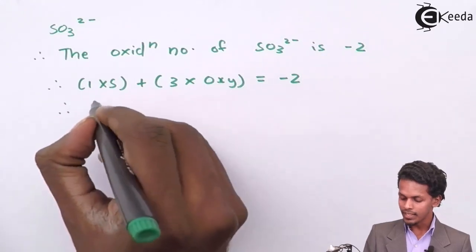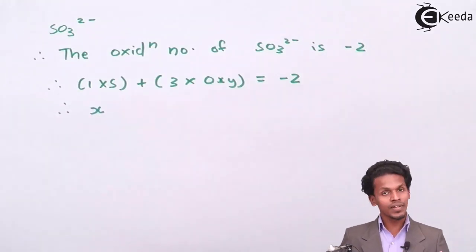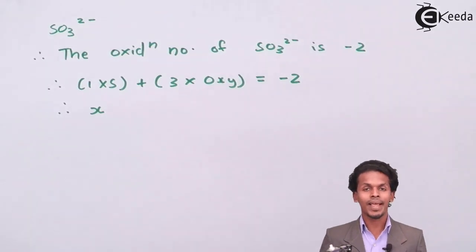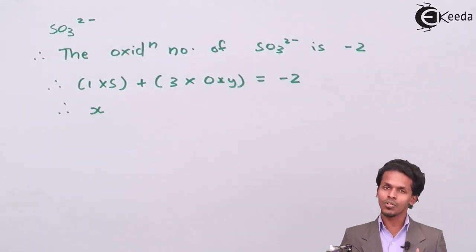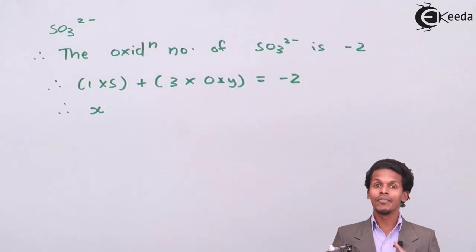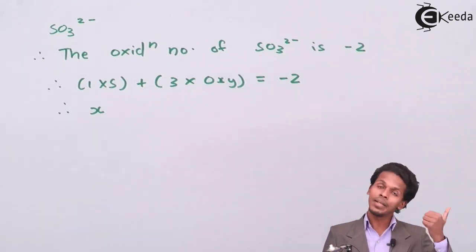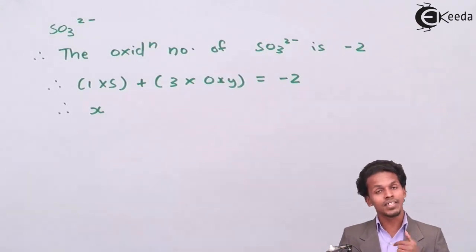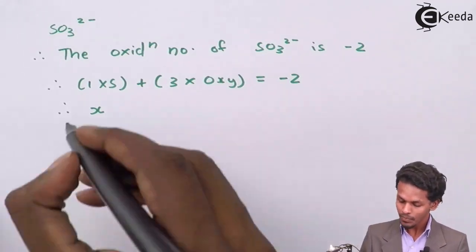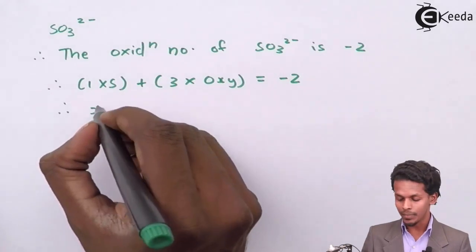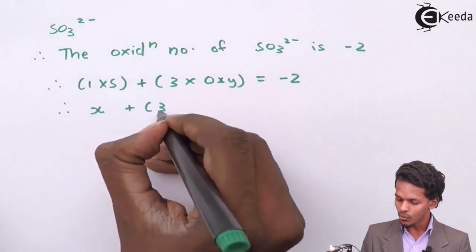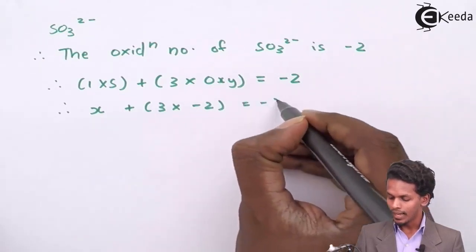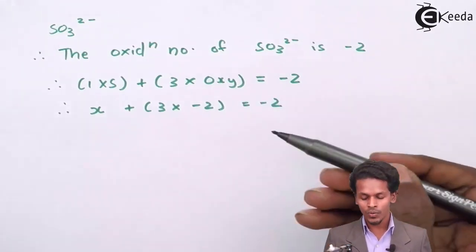So I consider the oxidation state of sulfur in this case as X, because previously also we took the value of manganese as X, but we will not relate this X with the previous one. We are making sure that this value of X is just for sulfur. So 1 into X is nothing but X itself. So X plus 3 into -2 for oxygen, and the overall charge of the molecule is -2.